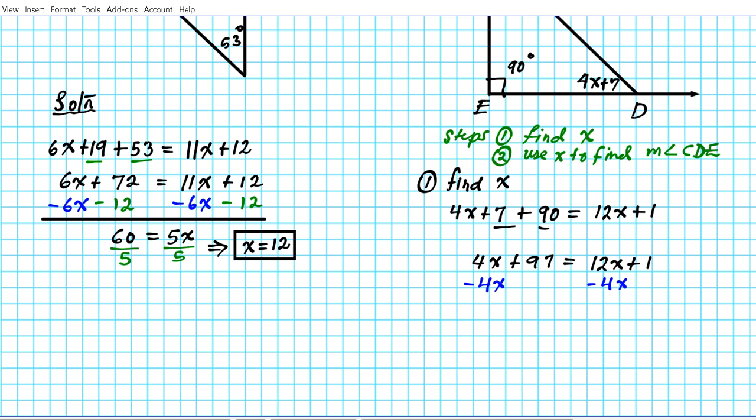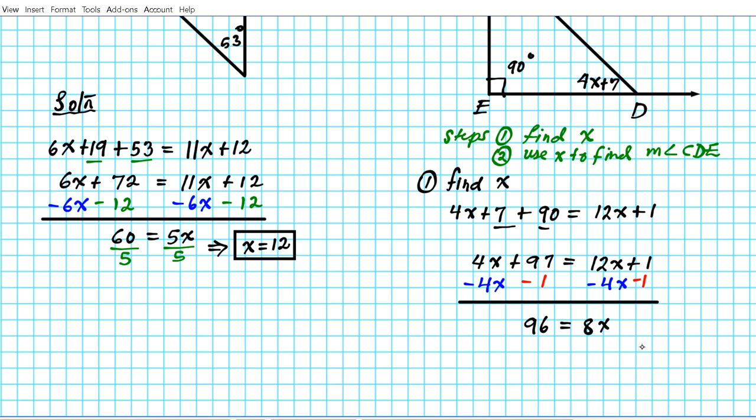Okay, so just subtract 4x from both sides, and then 1, we want to move to the left. We'll do the inverse operation, subtract 1. And then we combine downwards. 97 minus 1 is 96. 96 is equal to 8x.